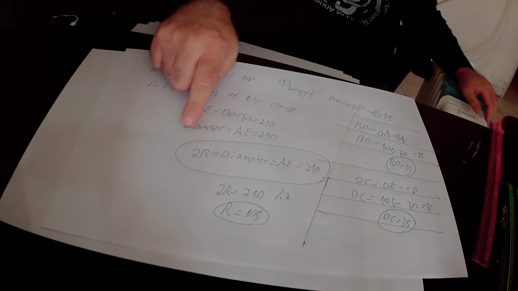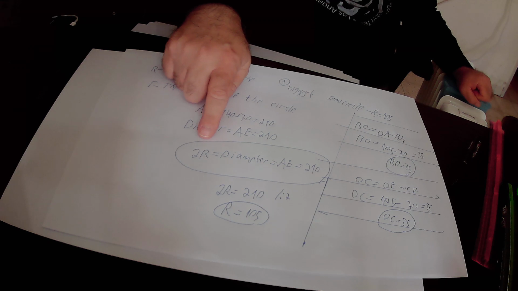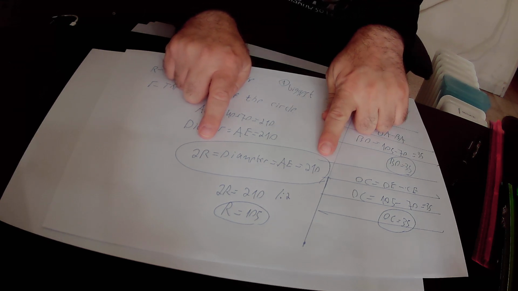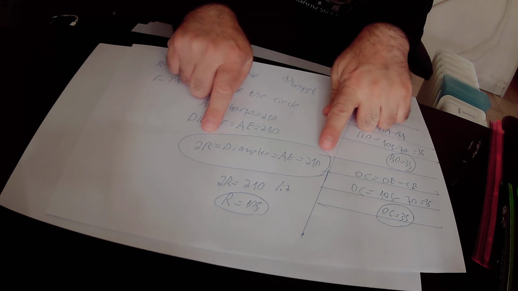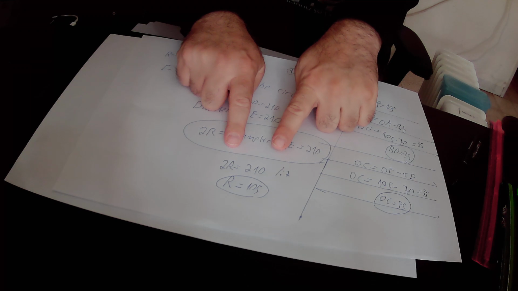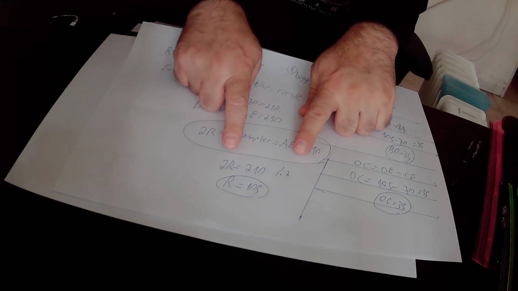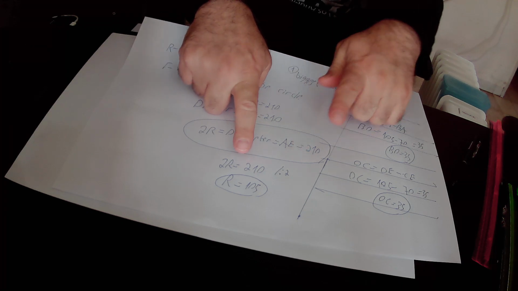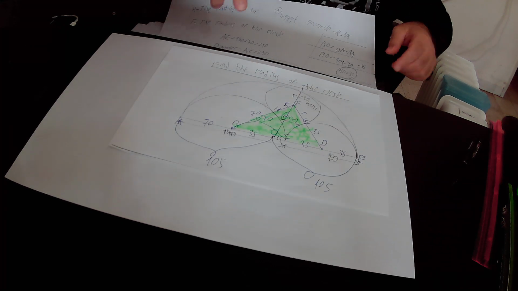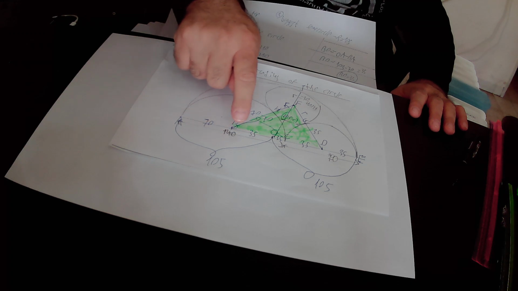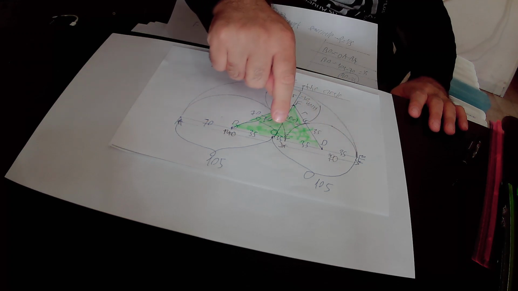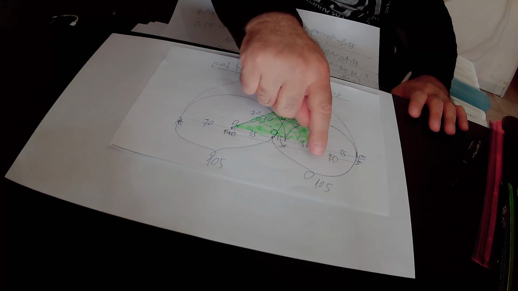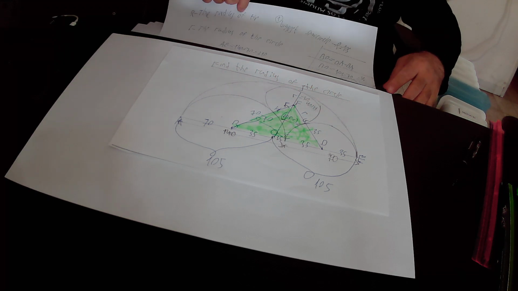So 2R equals 210. We divide this equation by 2 and find that the radius of the biggest semicircle, capital R, equals 210 over 2, which is 105 units. Here the radius OA is 105 units, and the radius OE is also 105 units.